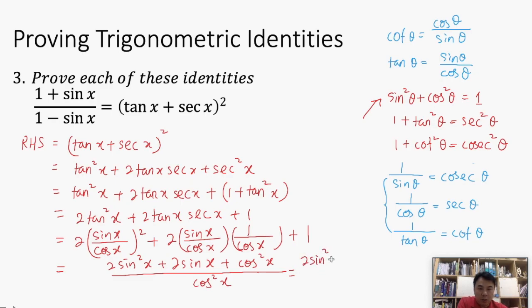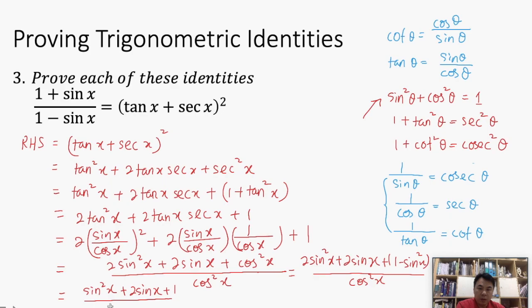So sine square x plus 2 sine x, then this is 1 minus sine square x over cos square x. So you'll notice that this sine square and this sine square can be reduced. So that would actually give me a sine square only, and then plus 2 sine x, and then finally don't forget there's a plus 1.